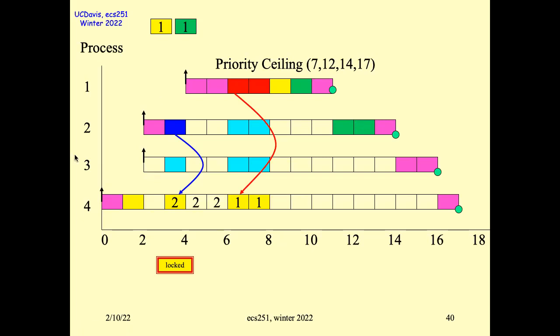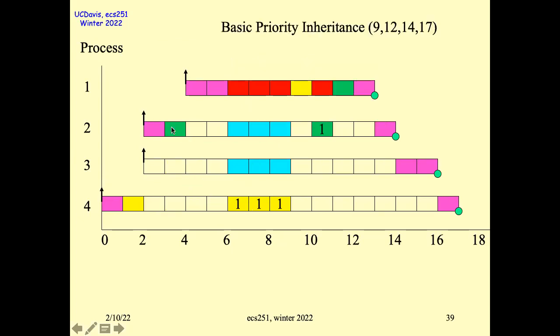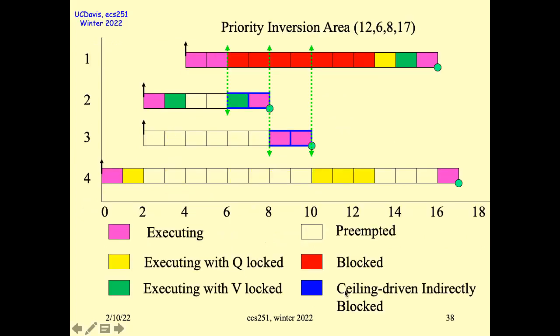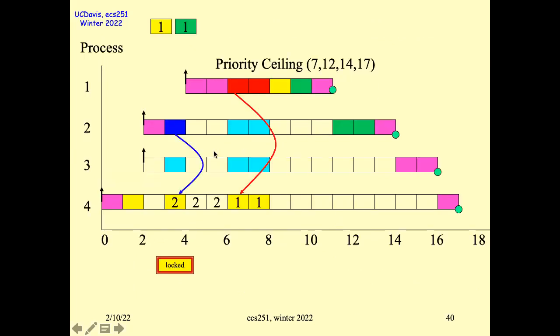The trick is number 2. When number 2 wants to enter the green, this is the blue part that happens. What's the blue? What's my color? Oh, this is called ceiling-driven indirect blocking. So essentially, I cannot go in to lock it.